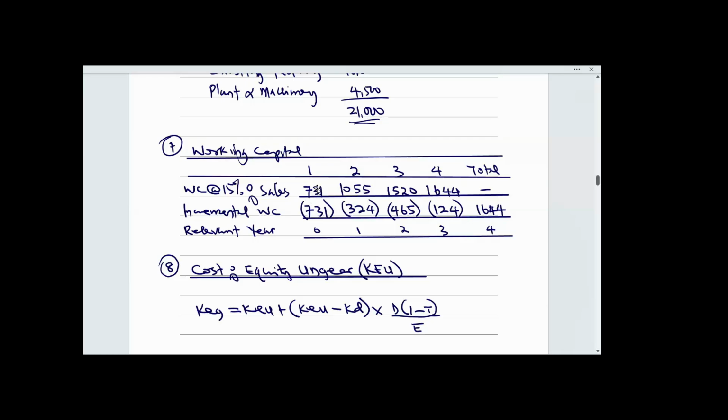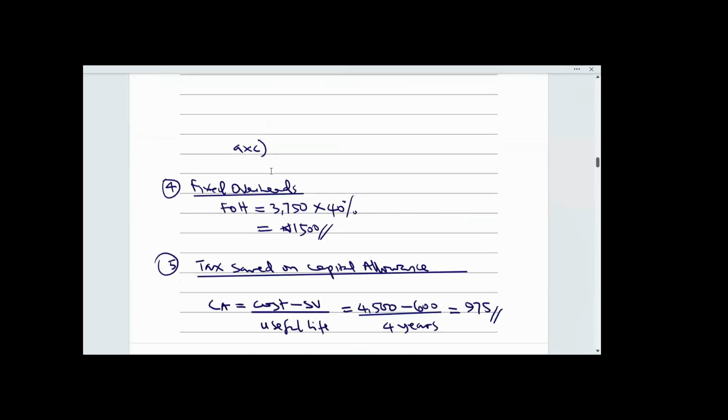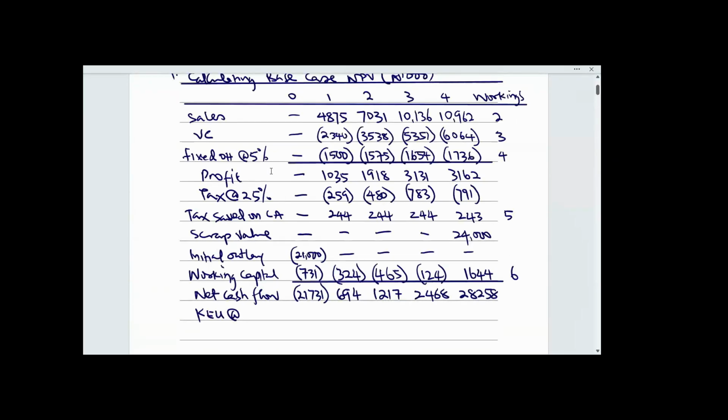Please, for year 1, net cash flow is 696, not 694. Yes, sir. Okay, let me check. It should be 694. This one is 259, not 257.